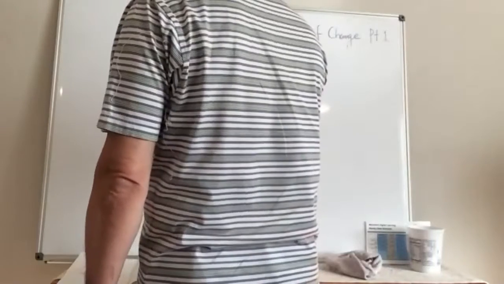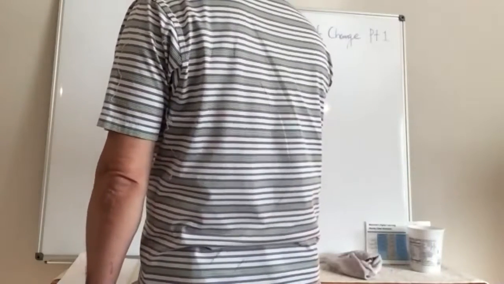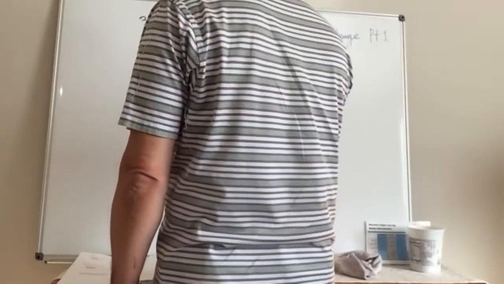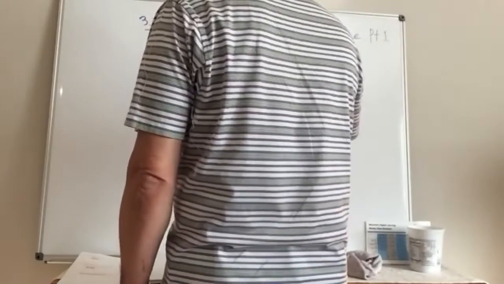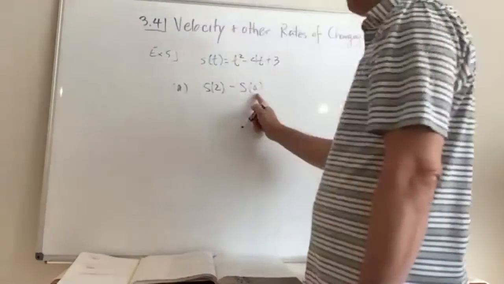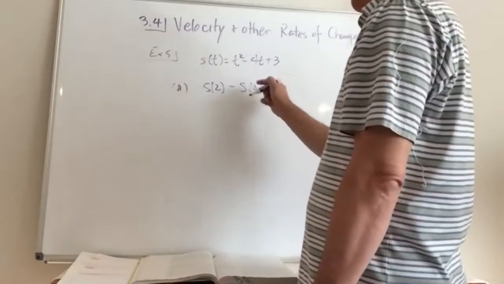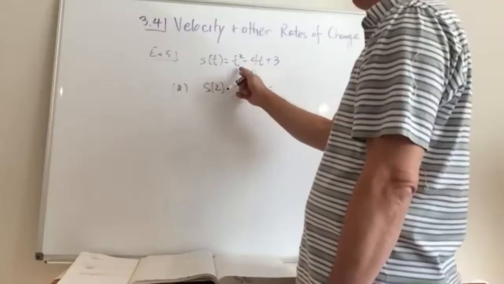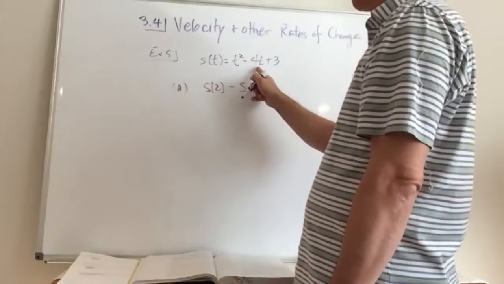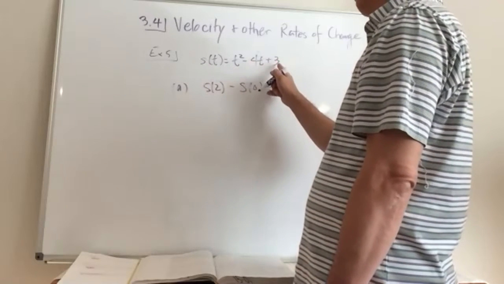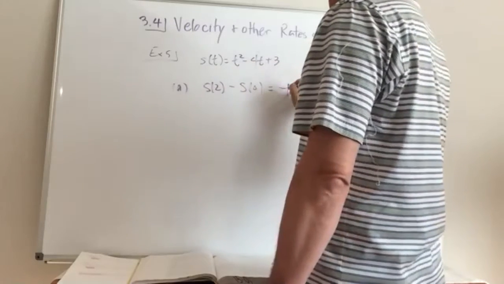A, find the displacement of the particle during the first 2 seconds. So displacement would be S of 2 minus S of 0, because S of 0 is where it actually started from. Time equals 0, this is time equals 2, right? If I put time equals 2, I get 4 minus 8 plus 3, so it's negative 1.